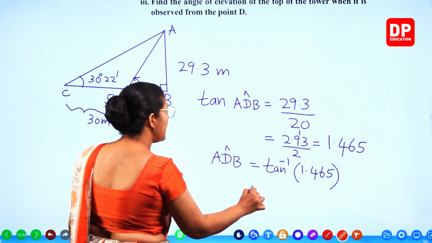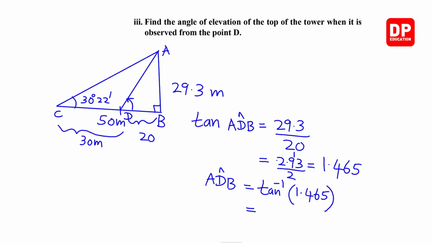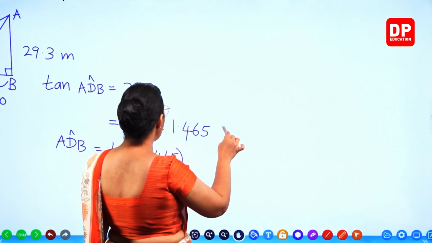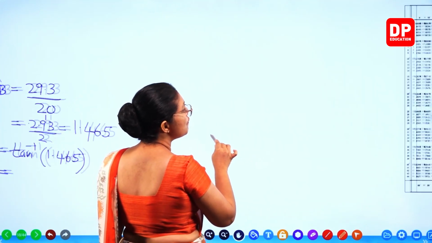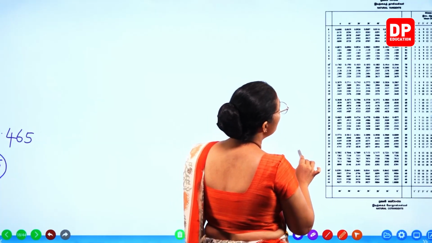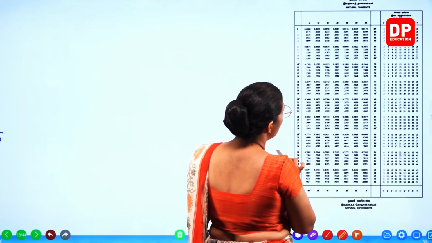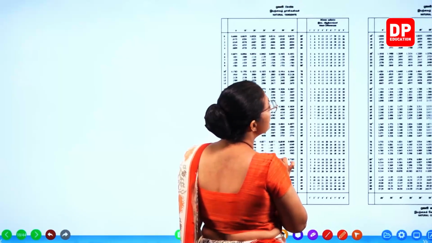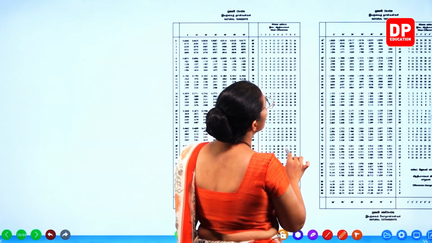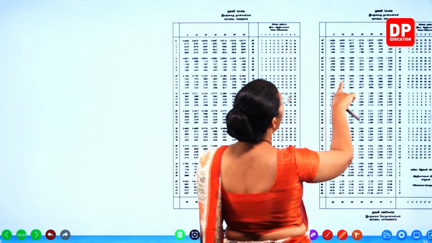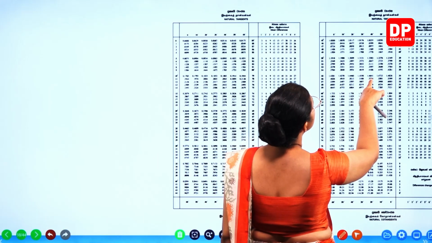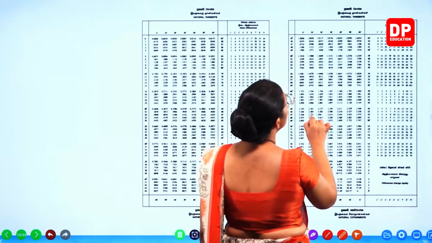So what's the value again? Refer tangent table and see where you get 1.465. It's in the second table. Here 4641 is there.